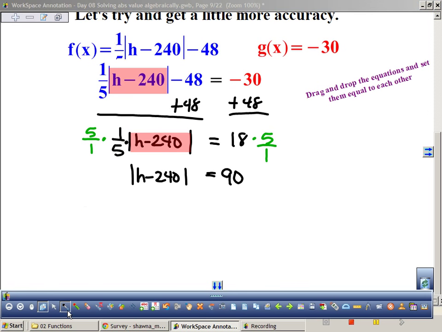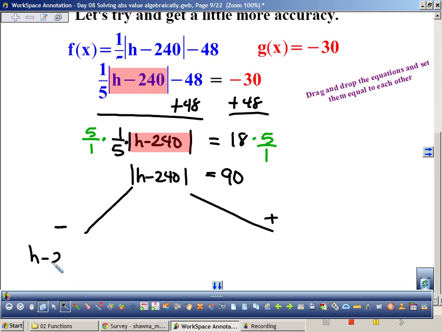So now I have the distance from H and 240 is 90 in both directions. What two directions? The positive direction and the negative direction.